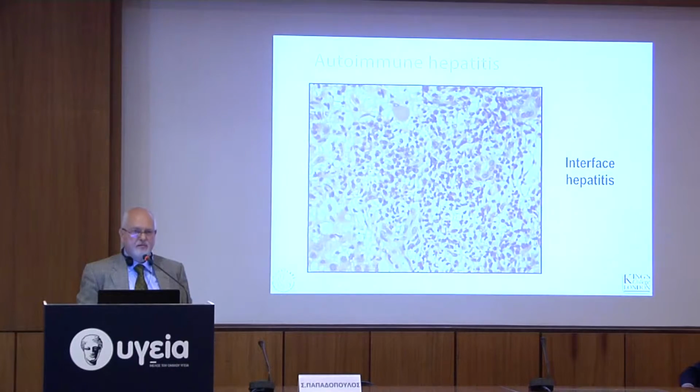This is called interface hepatitis. You see more inflammatory cells than the remaining hepatocytes. And if you look carefully, you see that amongst these mononuclear cells, these lymphocytes, these immunocompetent cells, there are a lot of plasma cells, which are the ones producing the antibodies, the autoantibodies, the immunoglobulin G.